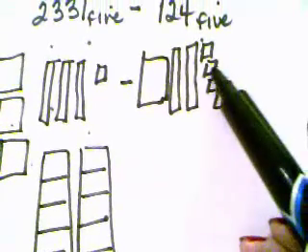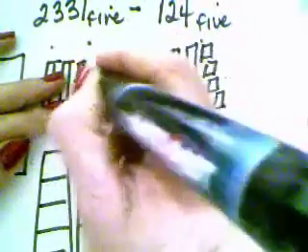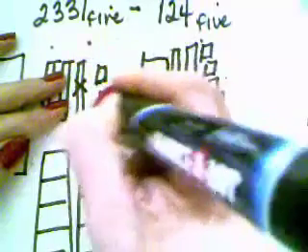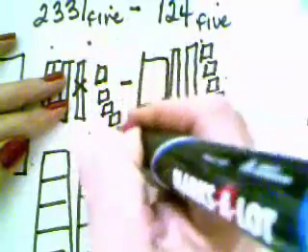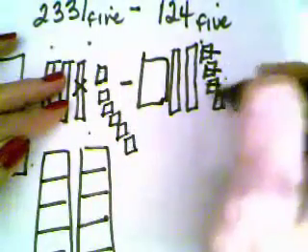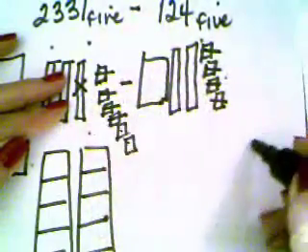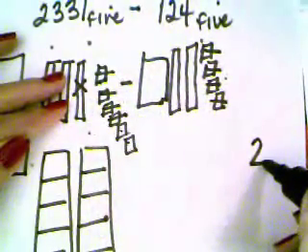I can't take 4 units away from 1, so I'm going to rename this long as 5 units. So now I can take 4 away, and I have 2 units left.